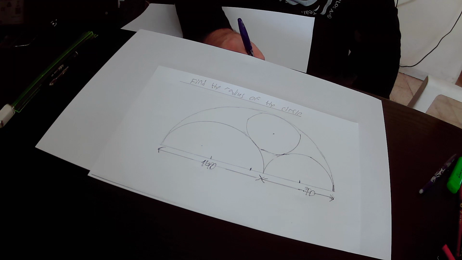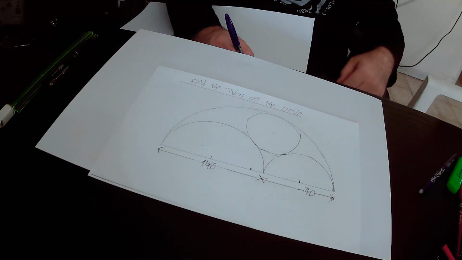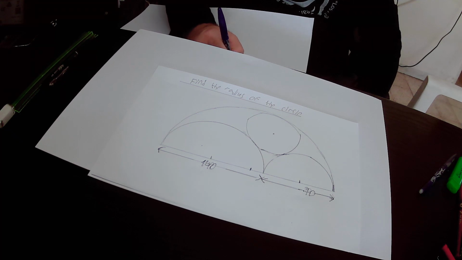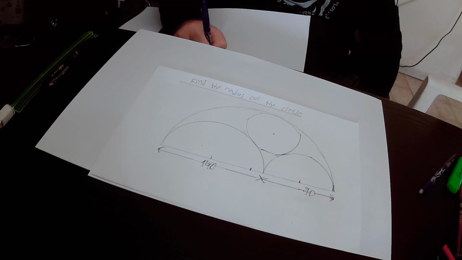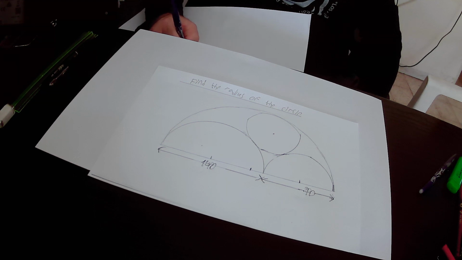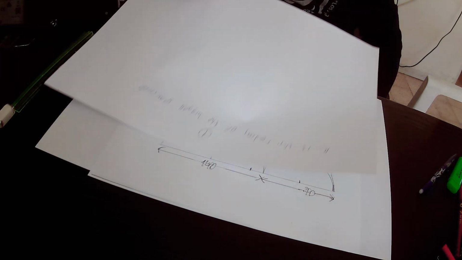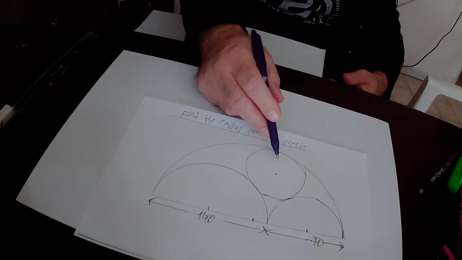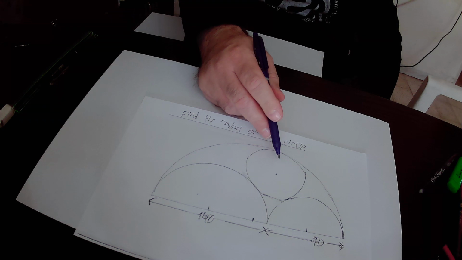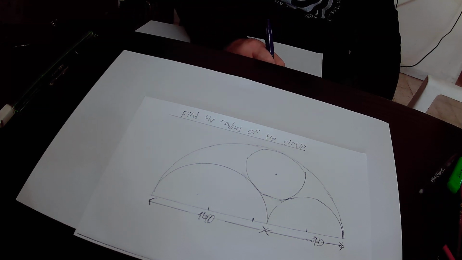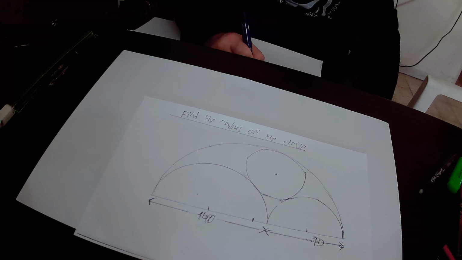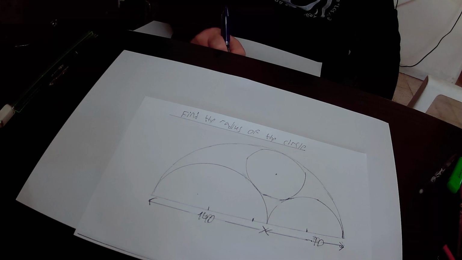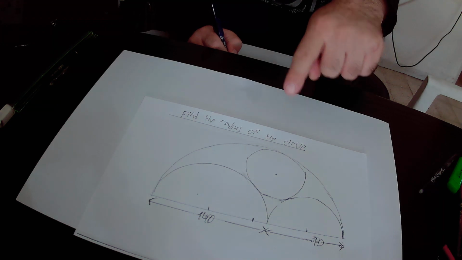Capital R is the radius of the biggest semicircle, and small r will be the radius of the circle. So small r is the radius that we are looking for.